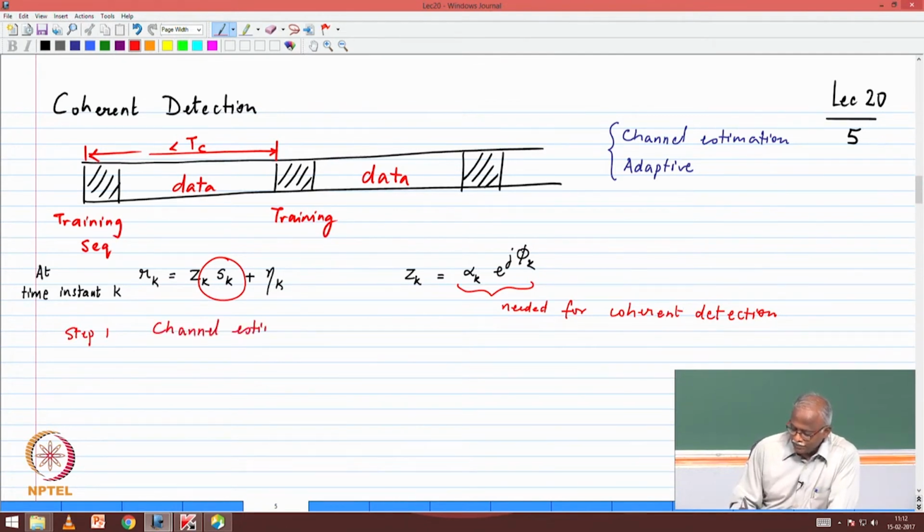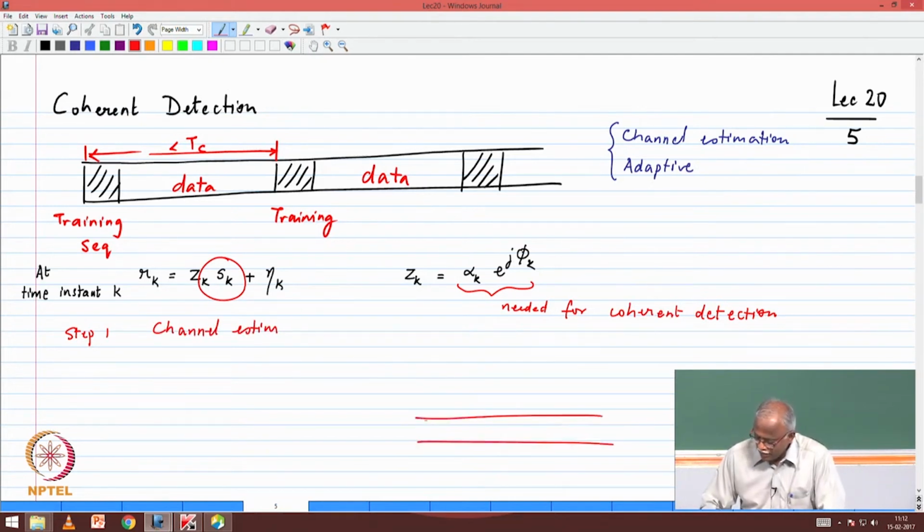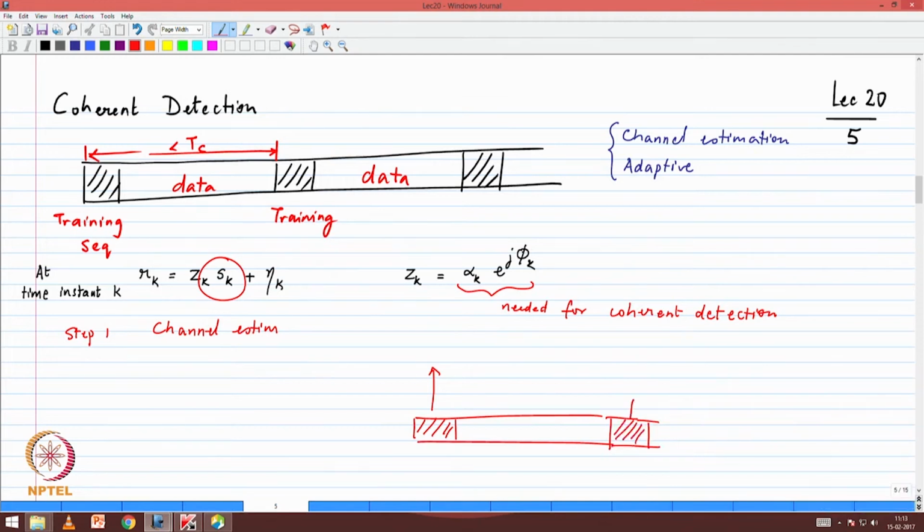That is what happens when you are given some number of known symbols called the training, and you estimate the channel here. At the next occurrence of the training or the overhead, you can estimate the channel again. Notice that there is some variation in the channel. So the estimate of the channel, let us say, was something of this type. Some variation in the channel is present.